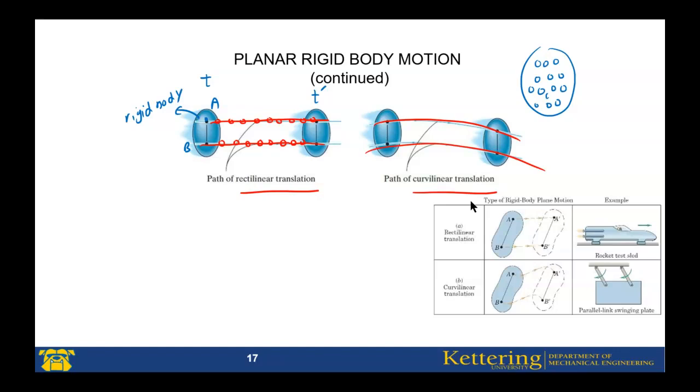All bodies have a rectilinear translation if moving along a straight path. Also, for a curvilinear one, when this one is moving along this parallel swinging plate, it is just an example of a rigid body with curvilinear translation. This is one type of the motion for the rigid body.